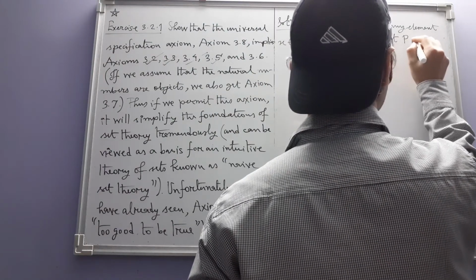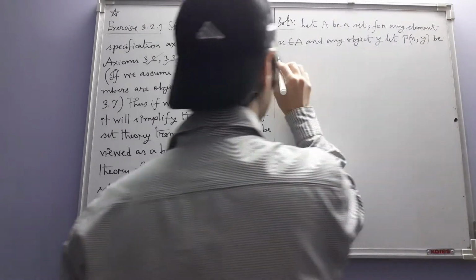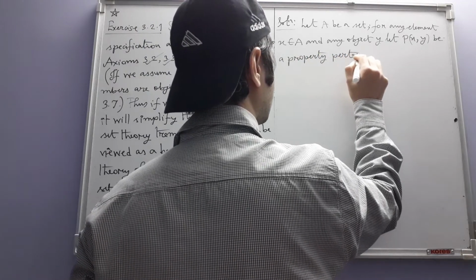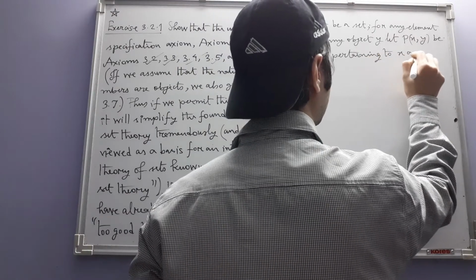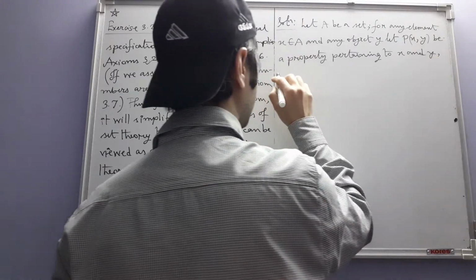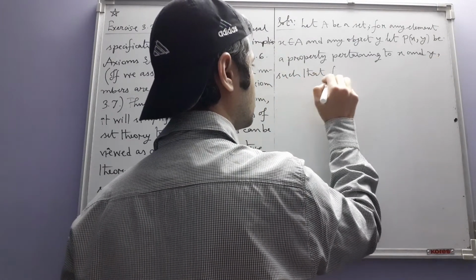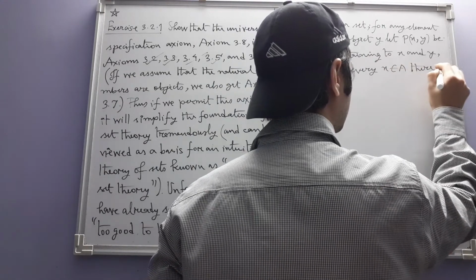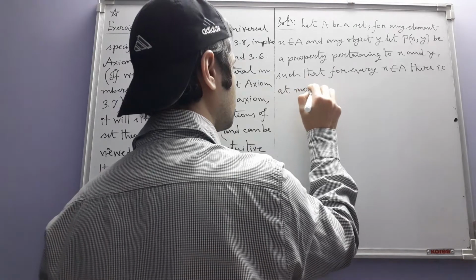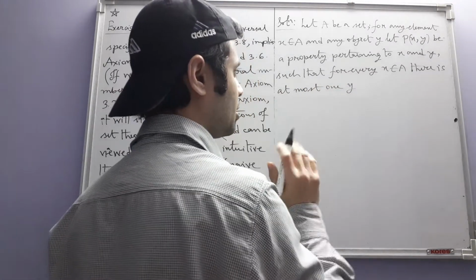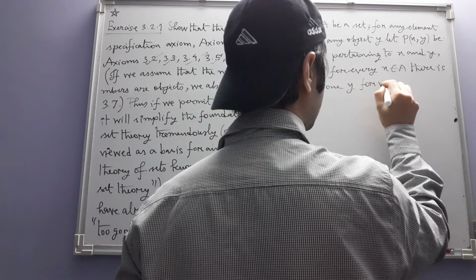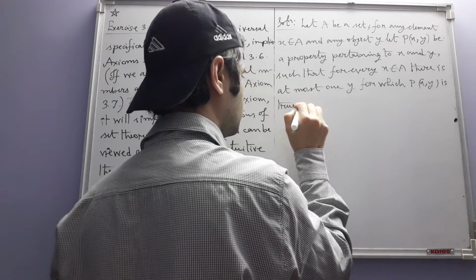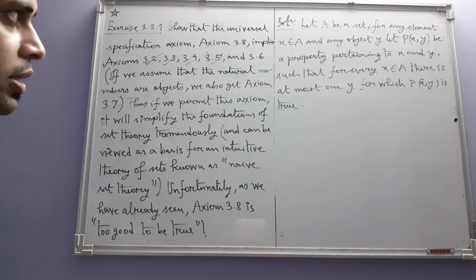Let Px, y be a property pertaining to x and y such that, now there is a condition, for every x in A there is at most one object y for which Px, y is true. This is how the axiom of replacement begins.